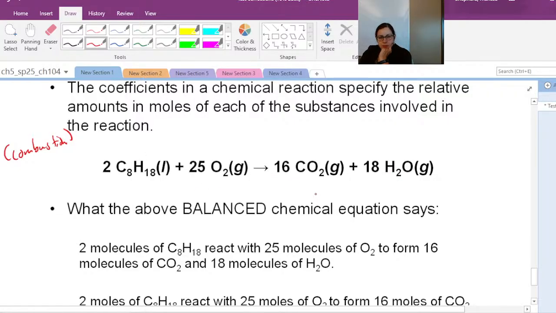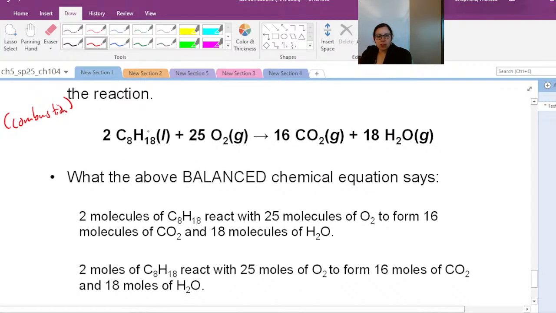And then the products of combustion are always CO2 and water. All right, so now this is the combustion of octane here. And well, we could be talking about individual molecules. So 2 molecules of octane react with 25 molecules of oxygen to make 16 molecules of CO2 and 18 molecules of water.